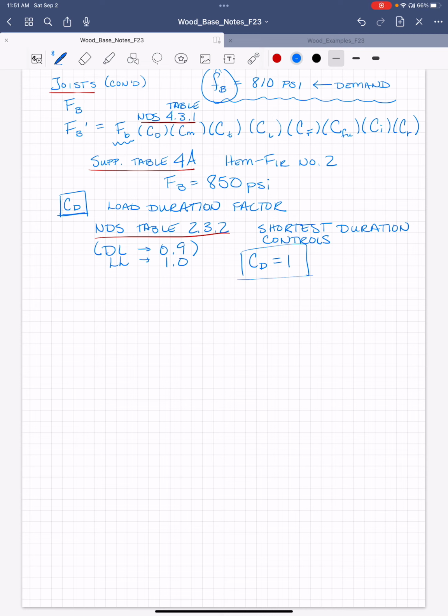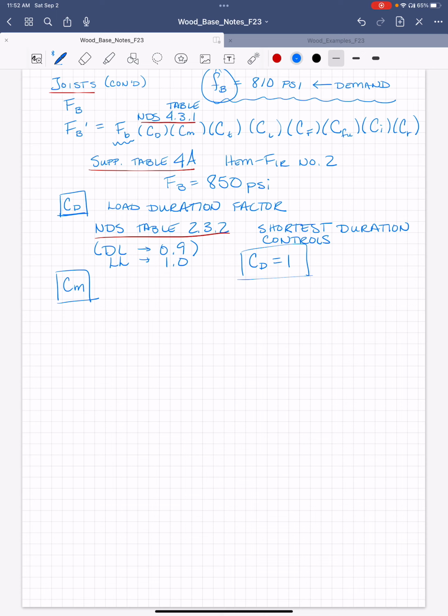All right, next one up is C sub M. Now we need to go into the supplement. In the supplement, it's going to be in Chapter 4, Reference Design Values.